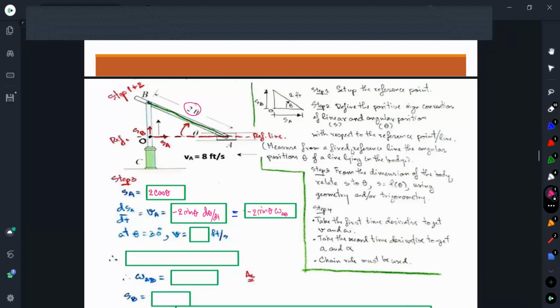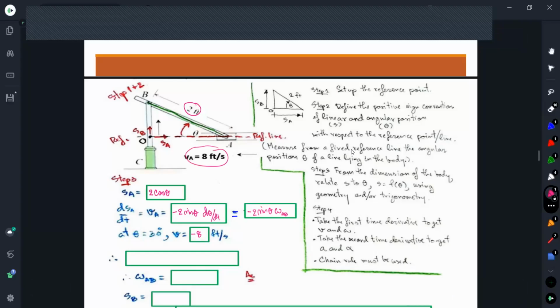Then for theta equal to 30 degrees, we know that VA is equal to minus 8. Why is it minus 8? Because we set up SA to be point A to the right as positive, but the problem gives us that it moves to the left, so it is the negative one.